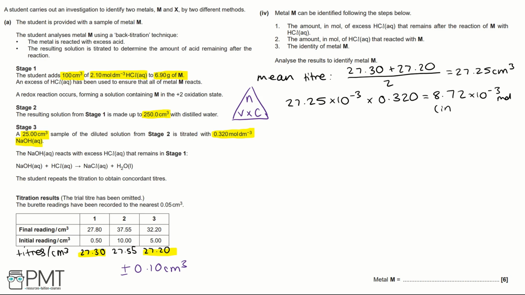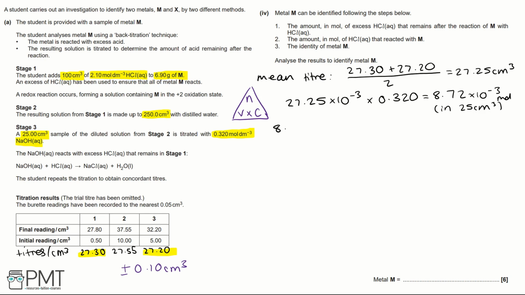But this is going to be in our 25 centimetre cubed sample. But we have a 250 centimetre cubed solution that we've made from our original mass of M. So we need to factor this in and multiply by 10.